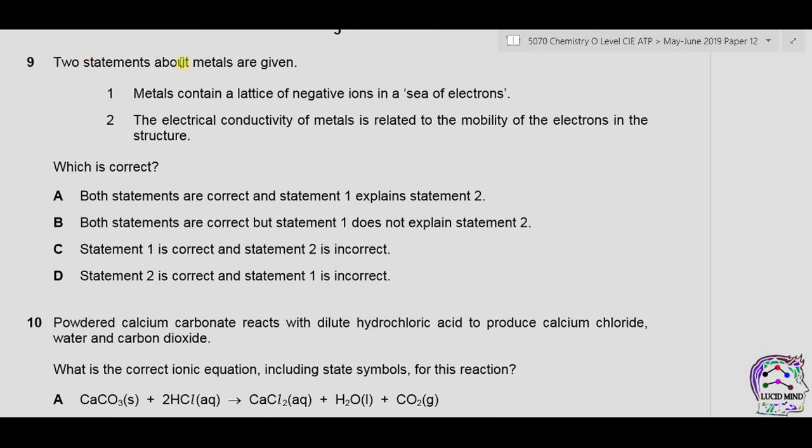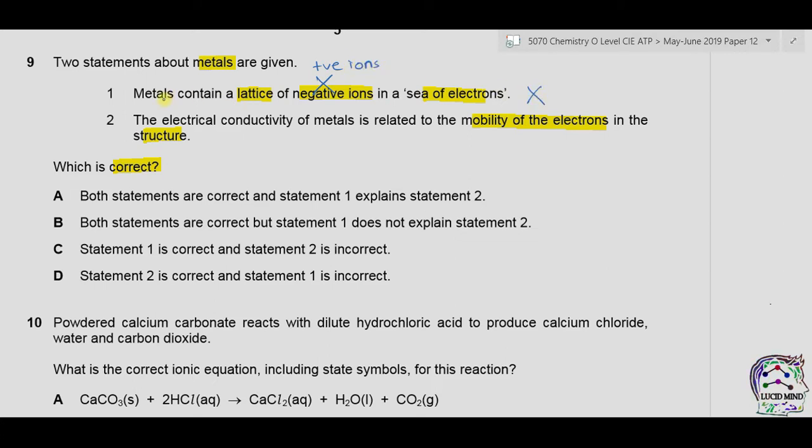Question number 9. 2 statements about metals are given. One is that metals contain a lattice of negative ions in a sea of electrons. Second is the electrical conductivity of metals is relative to the mobility of the electrons in the structure, which is correct. Now in first statement they have given that metals contain a lattice of negative ions in a sea of electrons. This is incorrect because metals contain a lattice of positive ions in a sea of electrons.